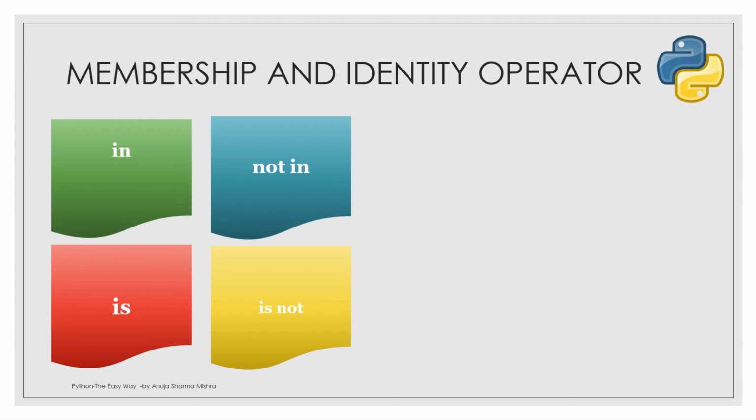If I have a list of even numbers and I want to find out if 13 is there or not, I can use the in operator. If I want to find out that a particular element is not in the list, I can use the not in operator. If the element is actually not present in that list, it will return true, else it will return false. And similarly we have is and is not.